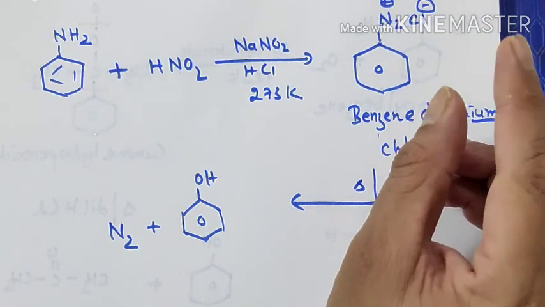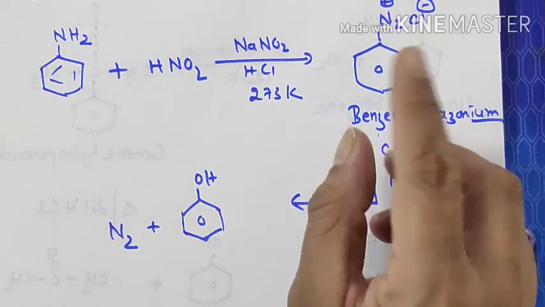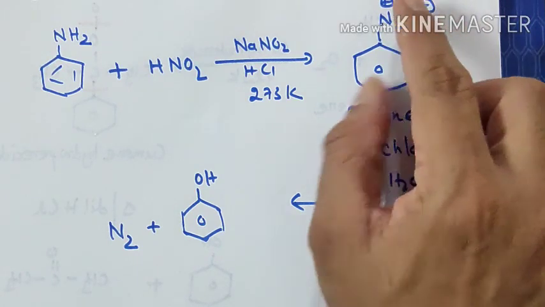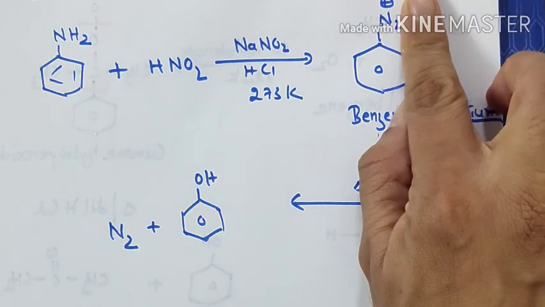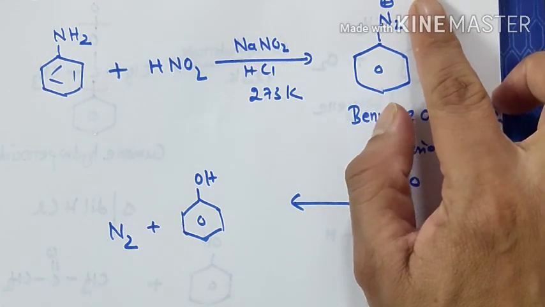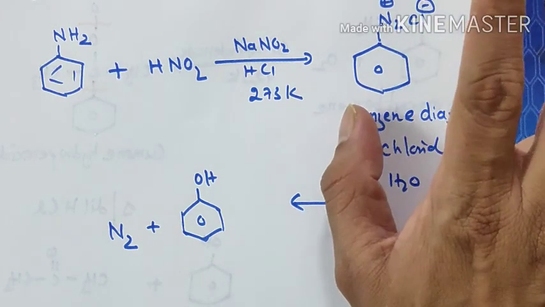And one thing is very important, how this substitution has taken place, how this water is added. See, understand, as soon as this benzene diazonium is formed, forget about the chlorine, right? As soon as this diazonium chloride is formed, this nitrogen moves away by taking the electrons.